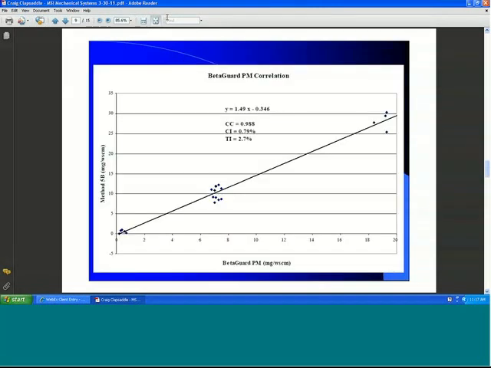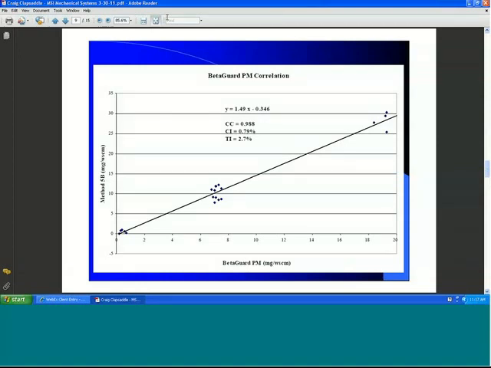The next slide here, Bob, is showing an example of one of our correlation tests, and you can see the 3 groupings of data: the data that we had down at the 0 level, the data at the mid concentration, and then the data at the high concentration.